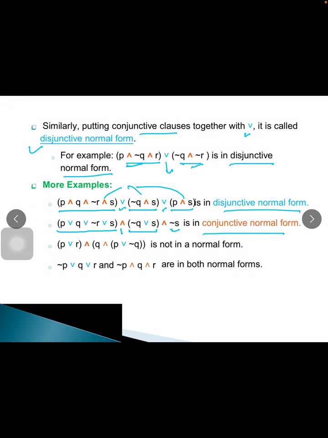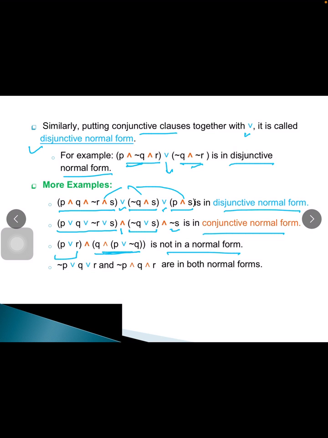Suppose we have p or r and q or negation q and p or negation q, here we use both conjunction and disjunction, so this is not any type of clause, which means this is not a normal form.